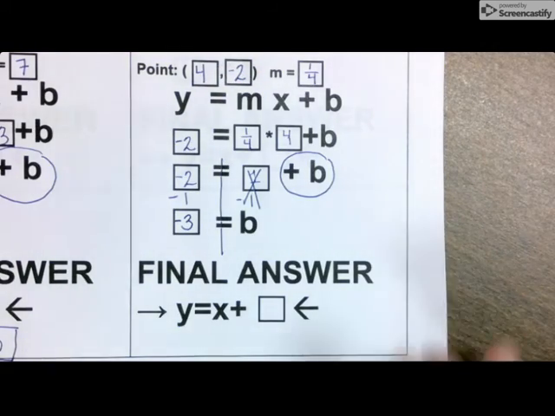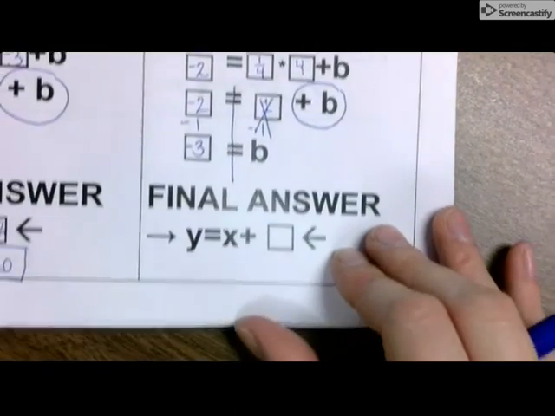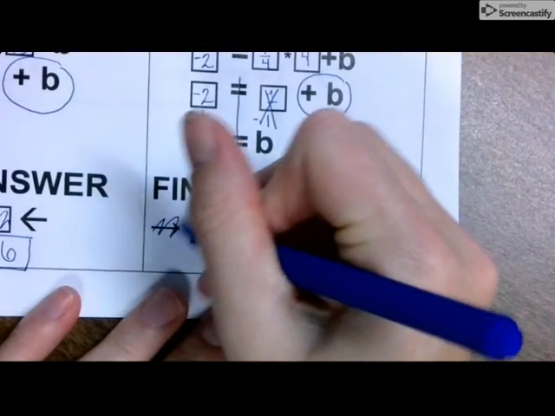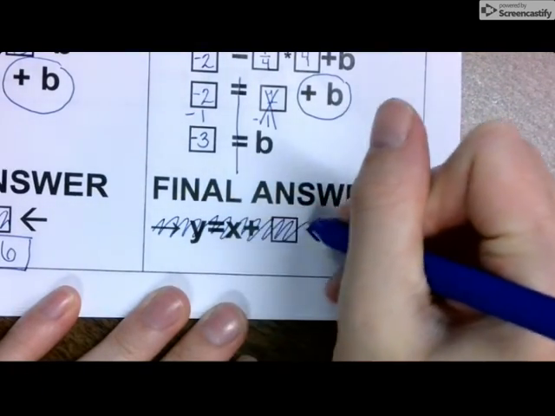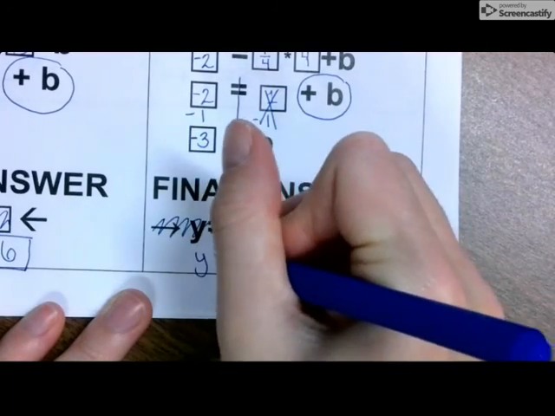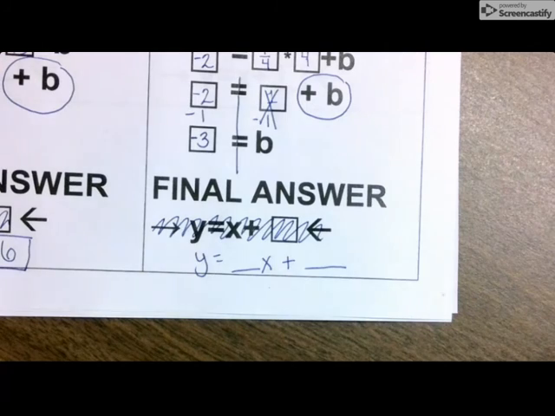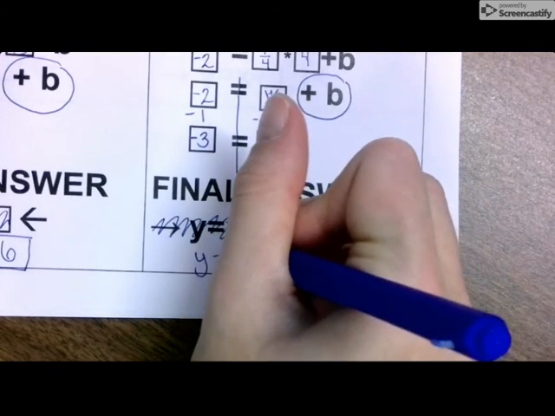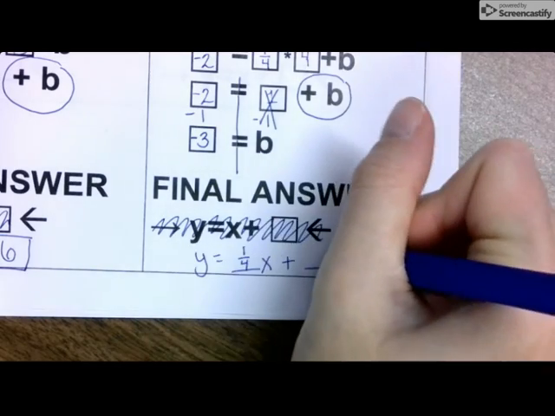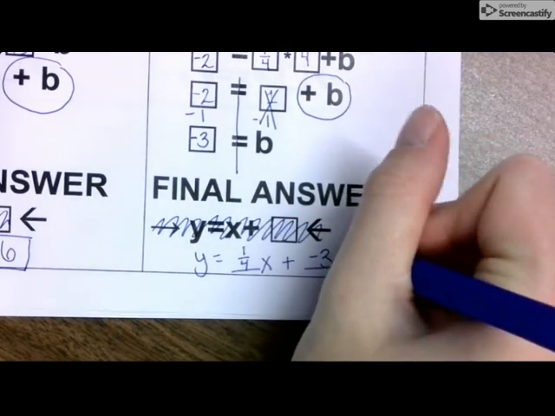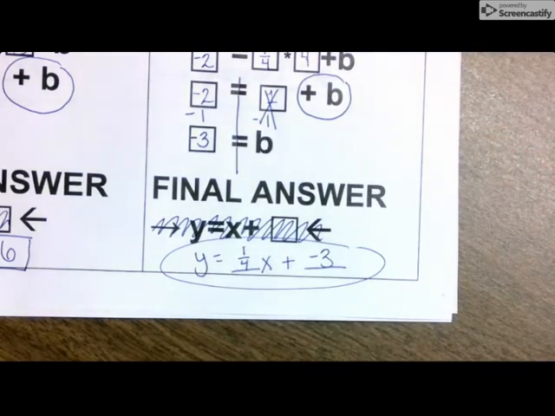Good. Then again at the bottom, I messed up. So we're just going to cross this out. And we should have y equals some number x plus some number. So what's going next to the x? What is our m? 1/4. What is our b? -3. Hopefully you're starting to feel a lot better about this.